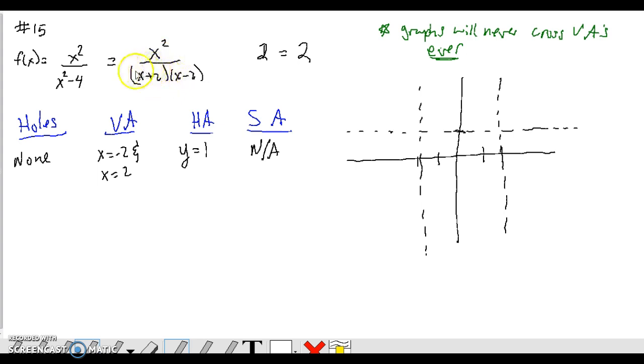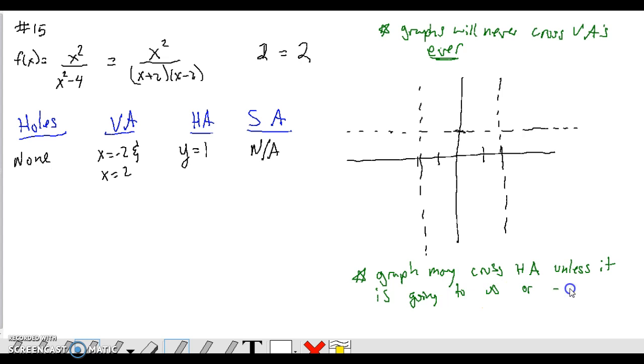The second thing I want you to write down is that the graph may cross a horizontal asymptote unless it is going to infinity or negative infinity.